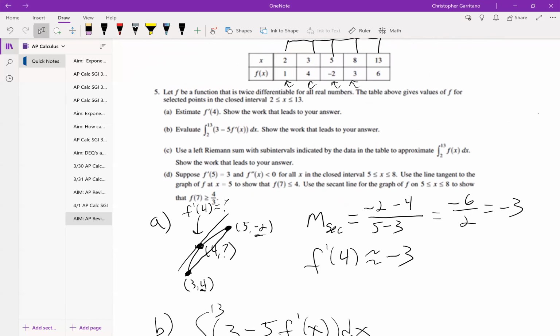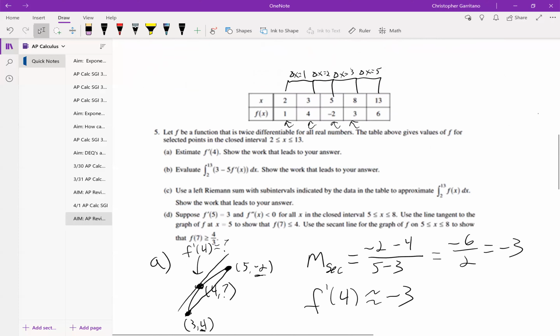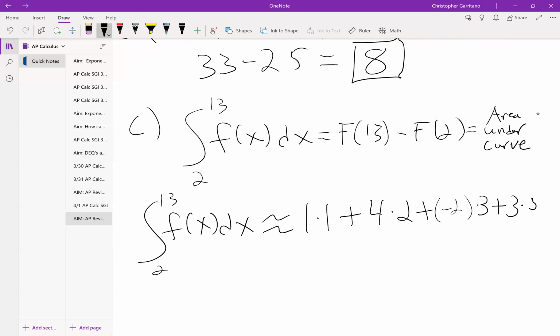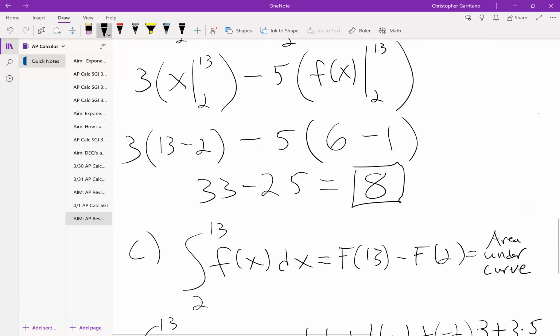And then we have 3 times 5. Okay, and you can do the rest on your own, but that's the idea there.